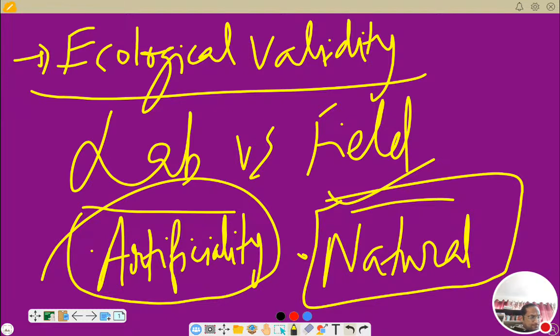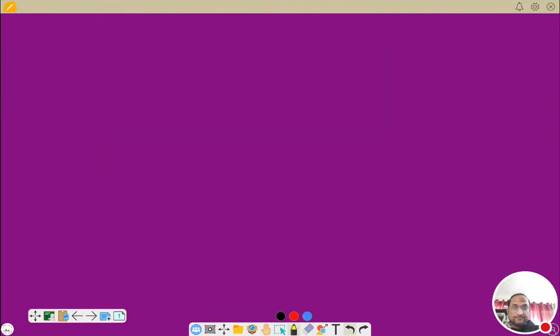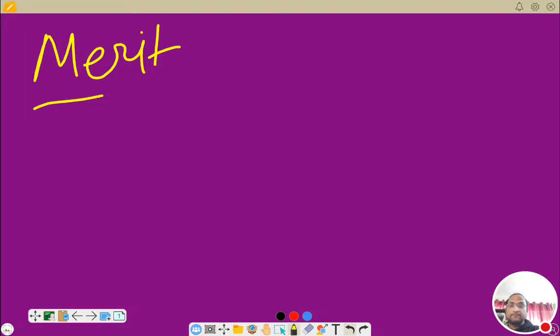Alright, so the merits of this observation method. First merit is the data is being collected systematically. Systematic data collection, and that is why high ecological validity.